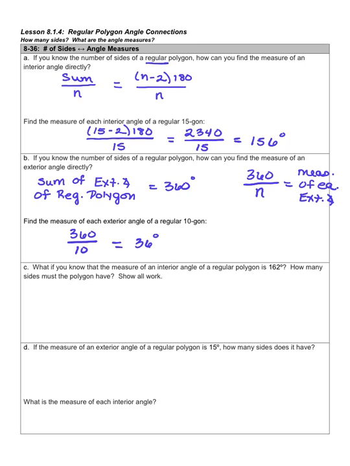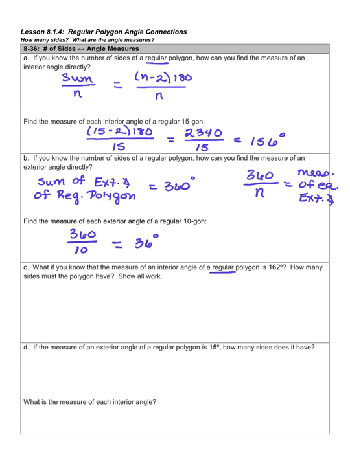What if we know the measure of an interior angle of a polygon is 162 degrees? How many sides must that polygon have? Well, let's think about how we found the measure of that interior angle in the first place. It is a regular polygon, so all of those interior angles have the same measure.